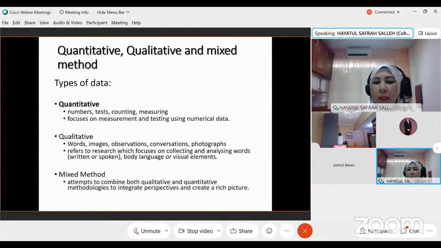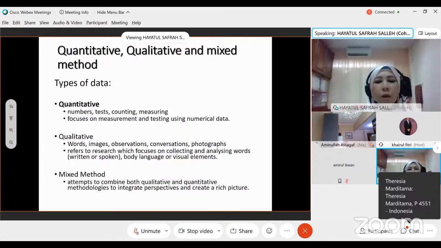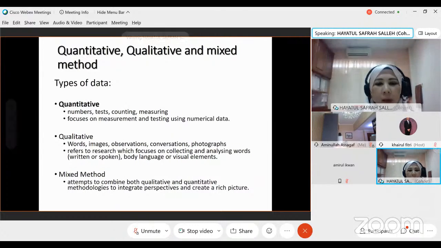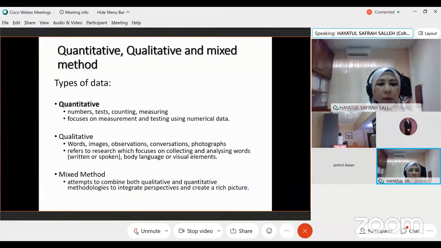Sometimes in qualitative methods you can also analyze the body language or visual elements of your samples. It's about words, not numbers. You cannot analyze numbers in qualitative, but you will discuss or analyze the wording, the image, the observation, and so forth.